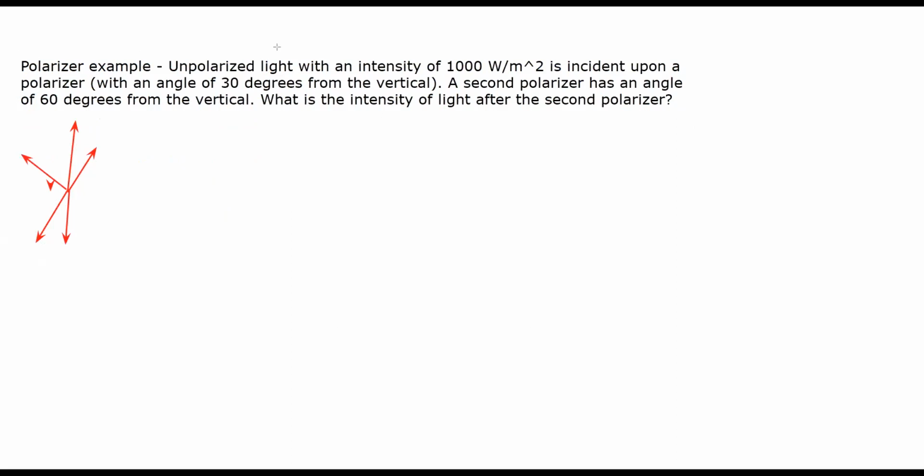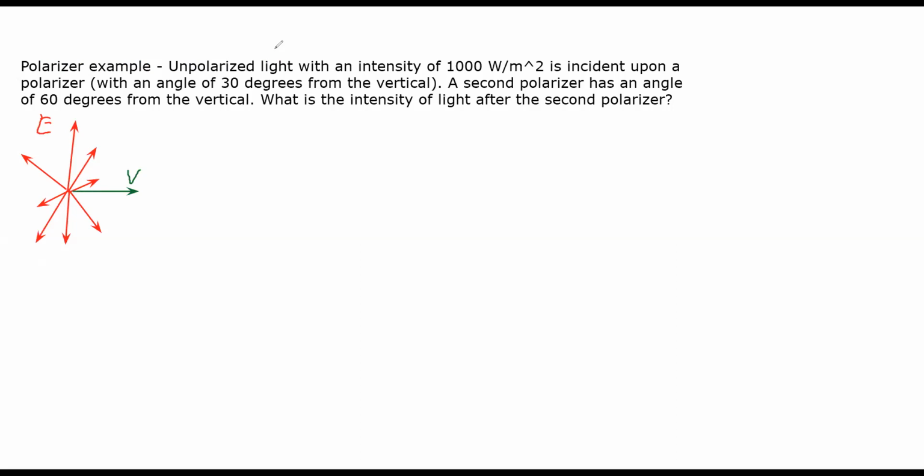I'll try my best to draw this in three dimensions. So here's my electric field, unpolarized, going in all directions, and let's say it's moving in this direction. That's this V, and then this is all my electric fields. Okay, unpolarized light.